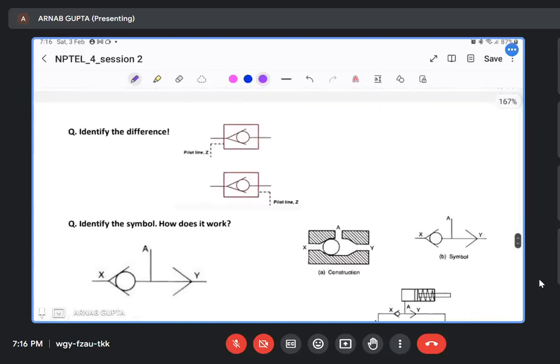Next, identify the difference between this and this. First of all, what is this? This is basically a non-return valve, right?